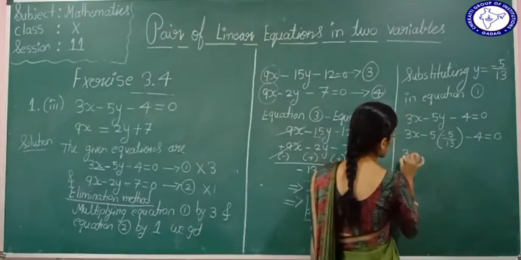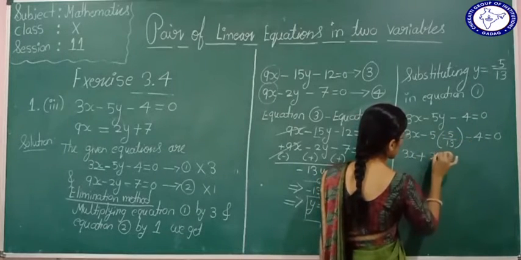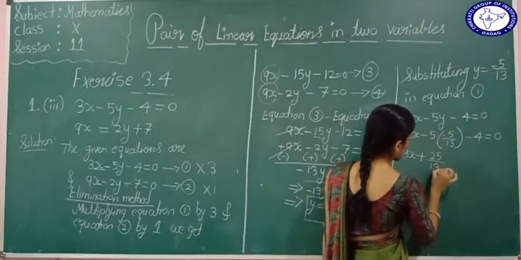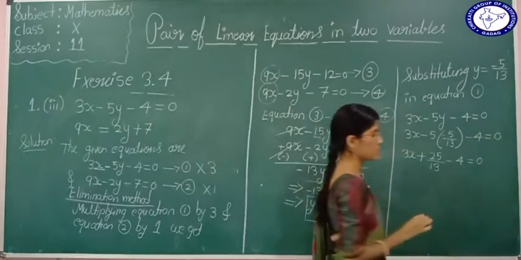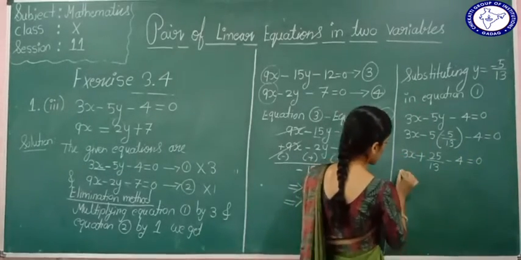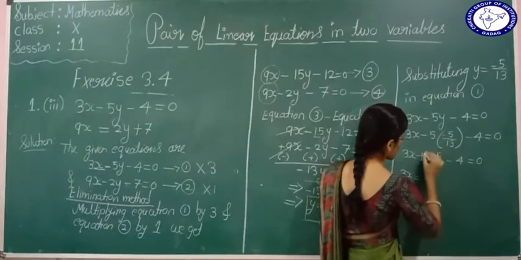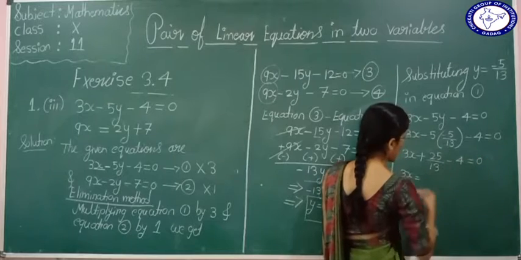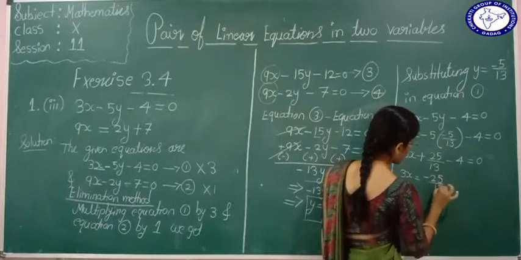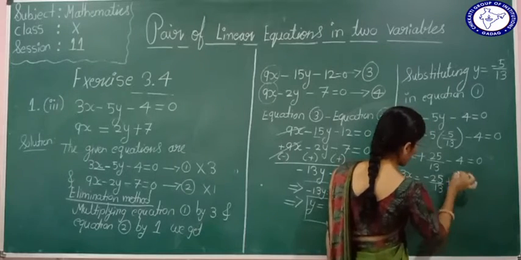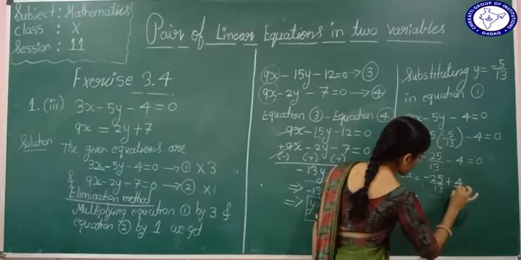So 3x minus minus is plus, 5 fives are 25 by 13, minus 4 is equal to 0. Okay, so 3x is equal to, I will transpose to the RHS, it will become minus 25 by 13 plus 4. Simplify this. 3x is equal to, what is the LCM of 13 and 1?